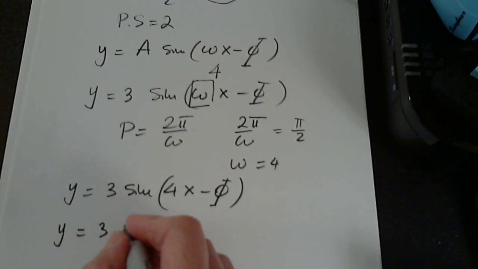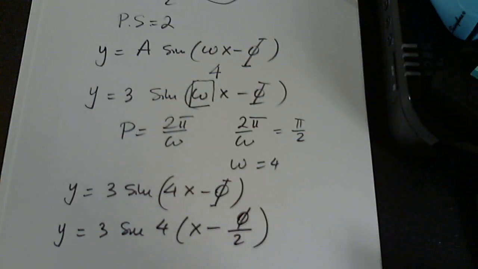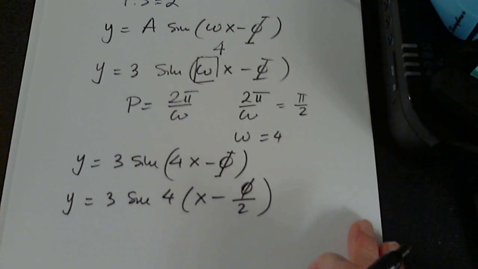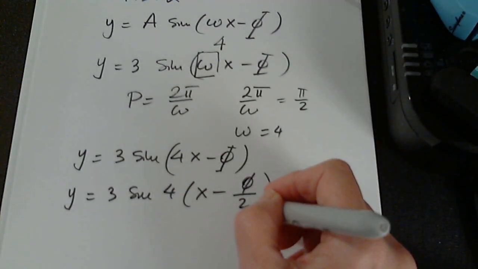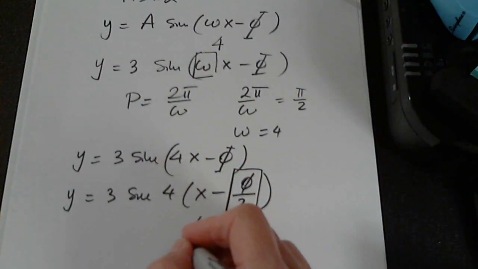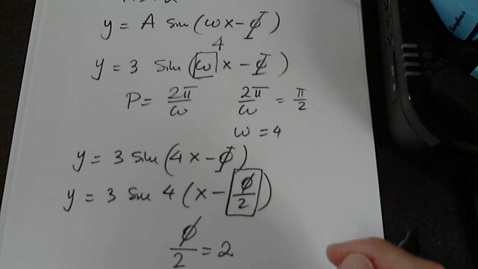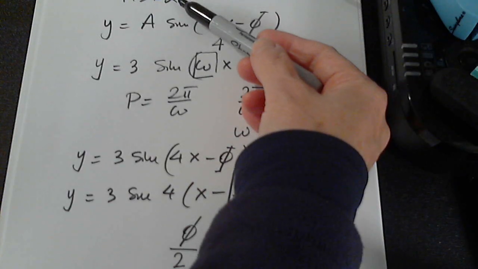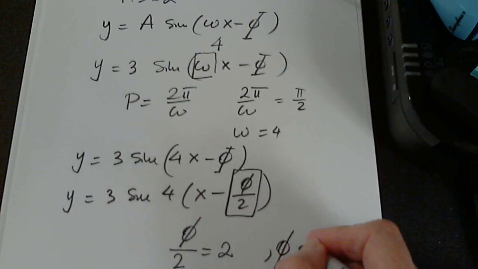Then y equals 3 sine 4x minus phi over 2. Any questions so far? So I am told that this has to be 2. So phi divided by 2 has to be 2. Because that's what I was told. The phase shift is 2.